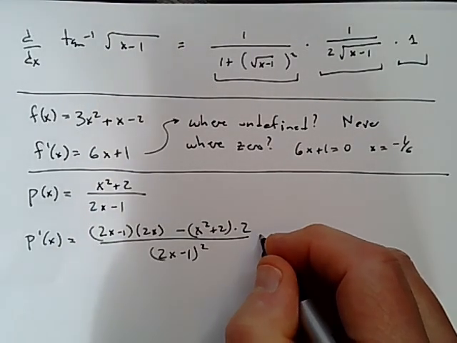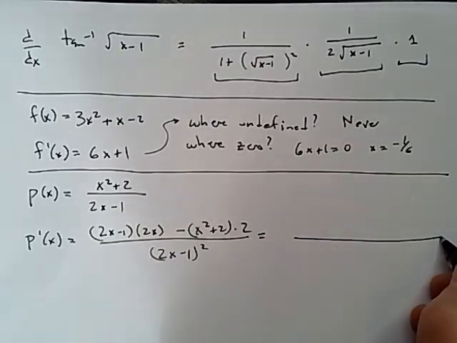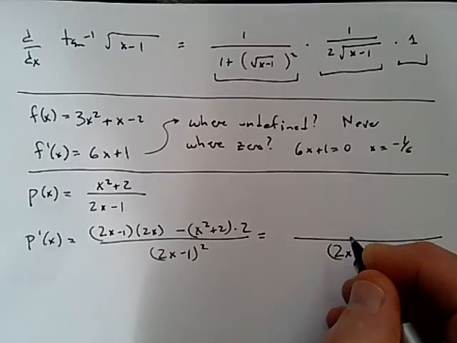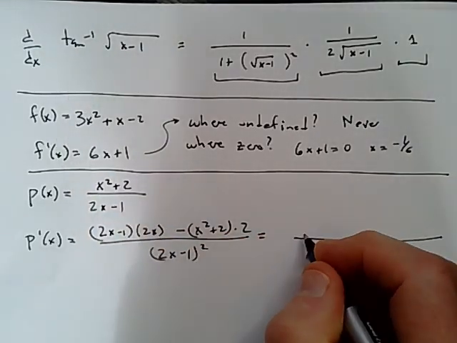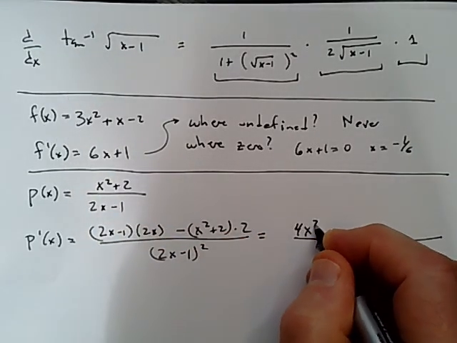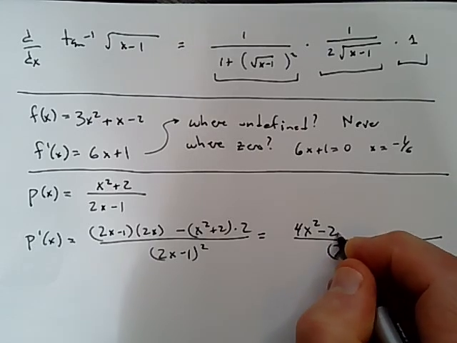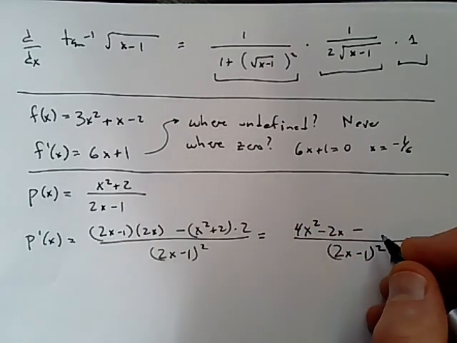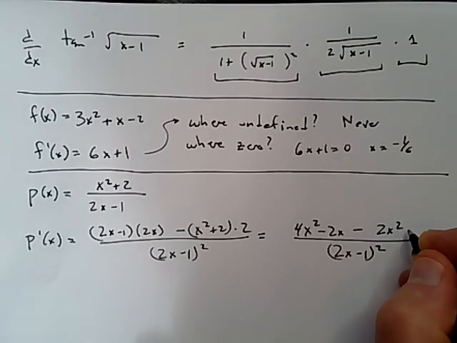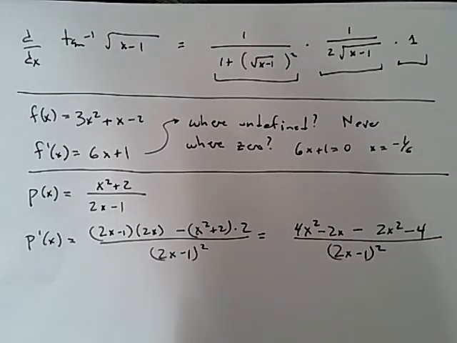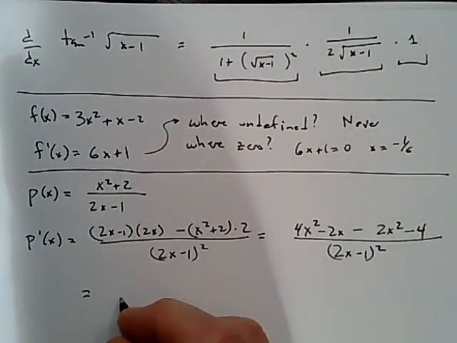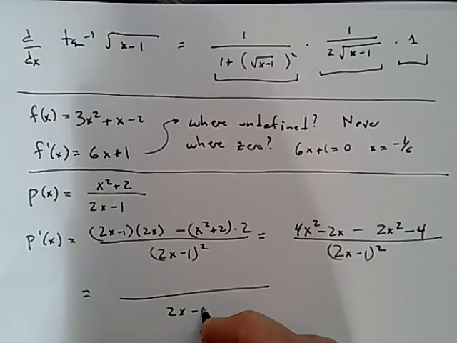Okay, so then I need to figure out what's happening. The denominator is 2x minus 1 quantity squared, and in the numerator I have 4x squared minus 2x, take away 2x squared and minus 4. Then I've got to simplify that.